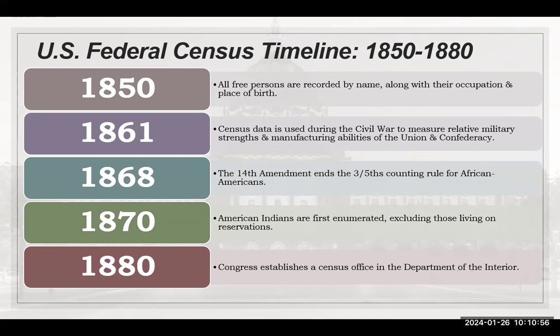And that was 3 out of every 5 counted as one person for purposes of apportionment. In 1870, American Indians are first enumerated, excluding those living on reservations. In 1880, Congress establishes a census office in the Department of the Interior.